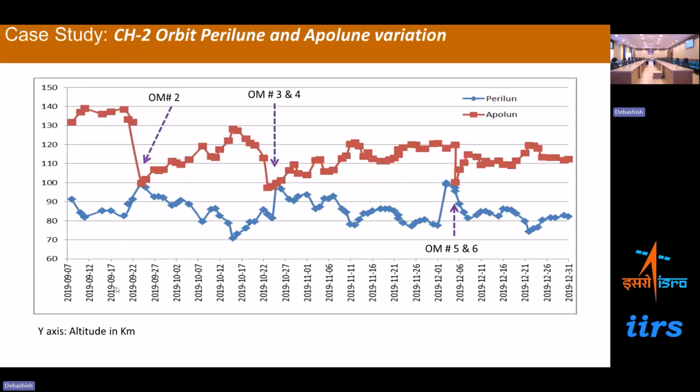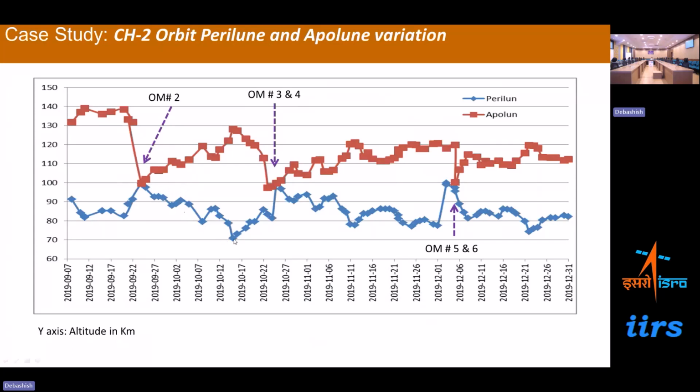Now, just to do a case study, I have taken one case study for Chandrayaan-2 orbit. The science orbit for Chandrayaan is 100 by 100 kilometer. But it will not always be 100 by 100 kilometer. At the point where I have written OM2, it is 100 by 100 kilometer. But as the days go, the perigee altitude keeps decreasing.